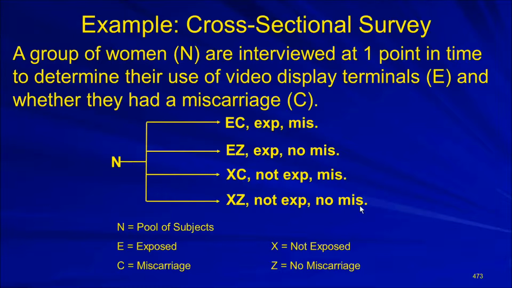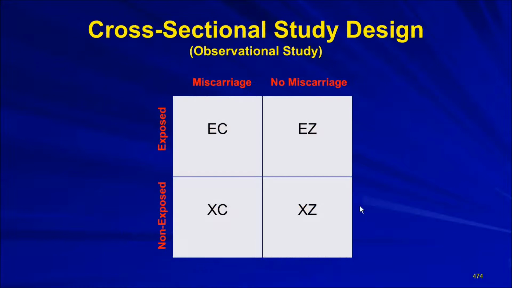All right, so now I'm going to show you how we're going to put this in a table. Okay, we looked at miscarriage and no miscarriage. We looked at exposed and not exposed. And so every combination of type of person would be classified or taken care of in this particular configuration.